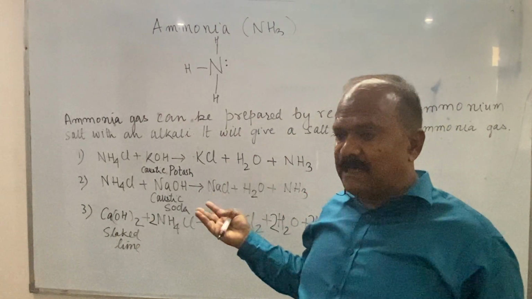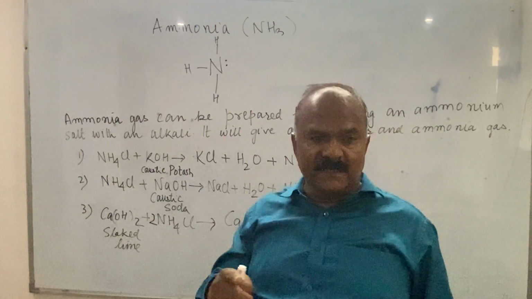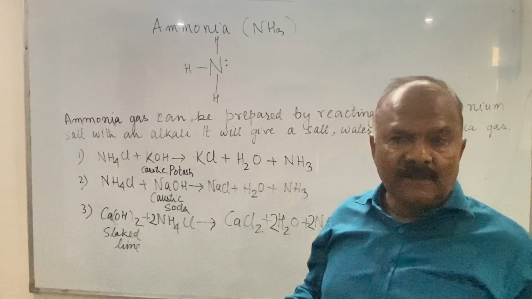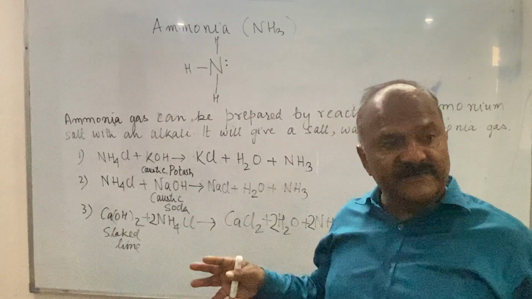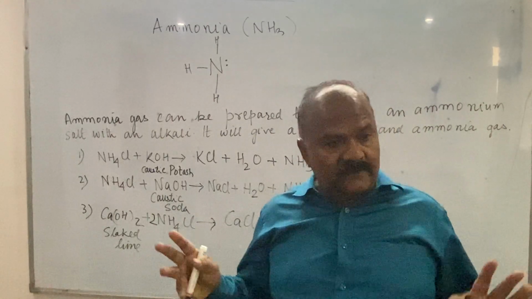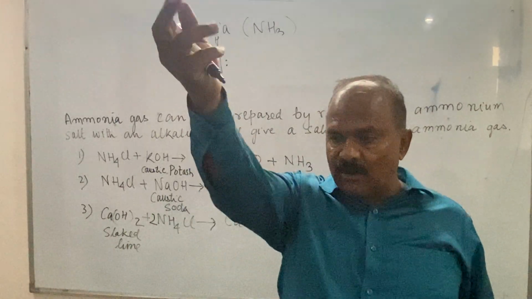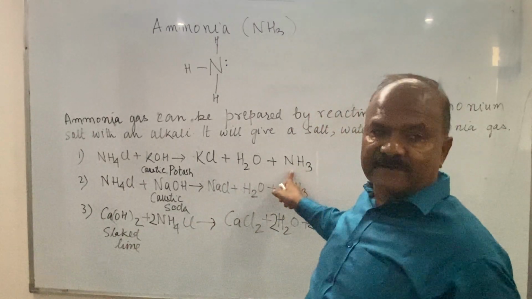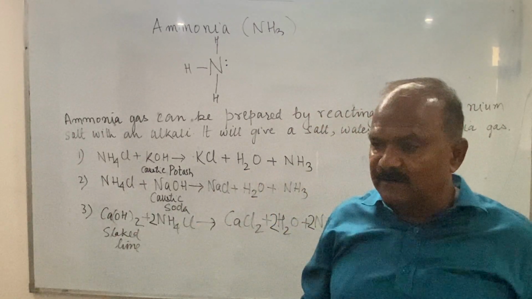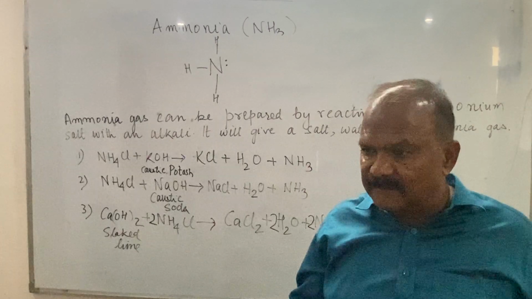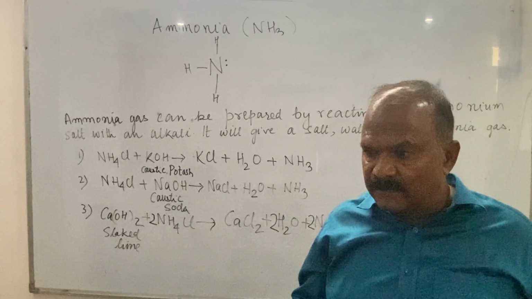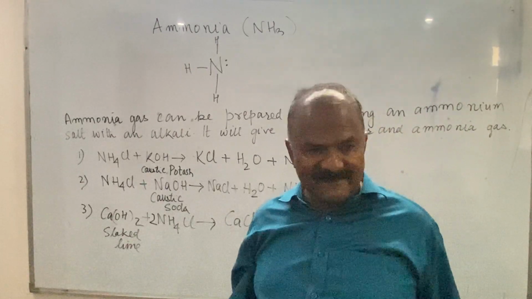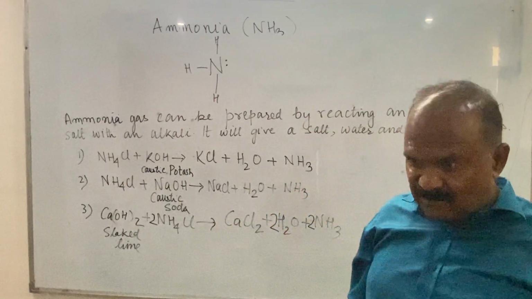So KOH, NaOH, you studied this in 9th grade. When you are using KOH and NaOH, since these two are deliquescent, they will absorb a lot of water from the atmosphere, and whatever ammonia gas is formed will dissolve in that. So you won't be getting ammonia gas. Is that clear? They will dissolve in water.